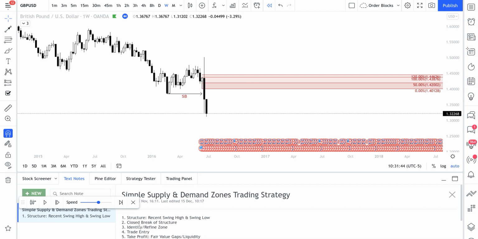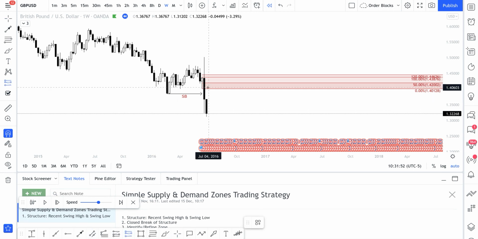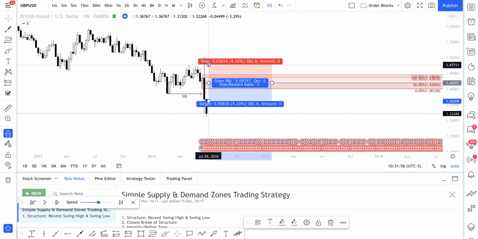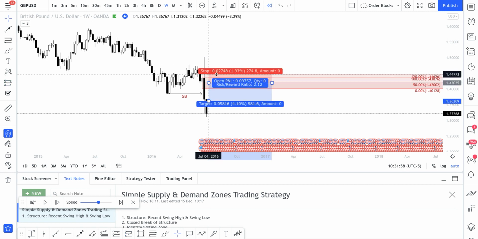How we're going to refine it is we're simply going to take our sell from the 50% of that candle, from wick to wick.